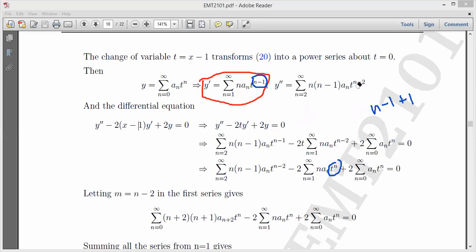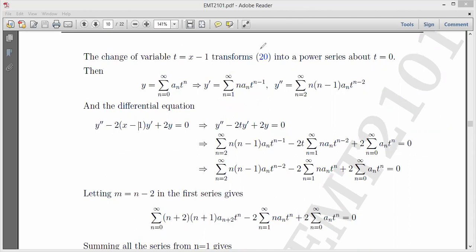You see, this is y prime prime. So our y prime prime is n minus 1, n t to the n minus 2. So this one here has a mistake. This one should be a 2 here. Please, you guys, correct this. I'm hoping you are with me. This one should be a 2.